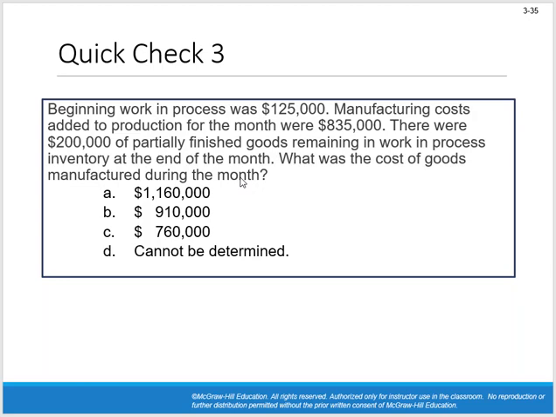So if you use the T account method, if we look at our beginning and ending, 125,000 versus 200,000, that means our answer has to be 75,000 different than 835,000. So pause for a moment while you do your math.